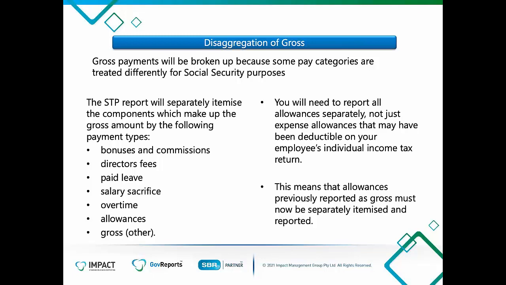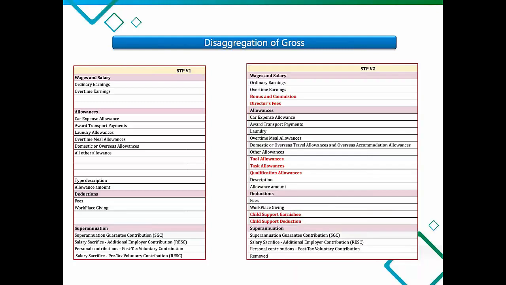And this next slide, from GovReports' own workings, shows what it is in version 1, and then the addition in version 2, and you'll see that there are greater breakups in there. So, for example, the child support is more about Services Australia, so perhaps our clients won't be getting requests from Services Australia as much, because they will have that information coming via STP.